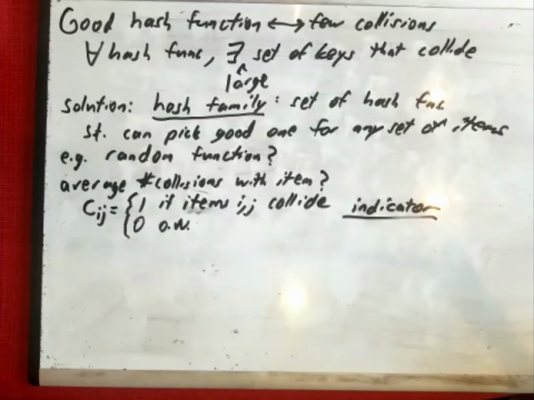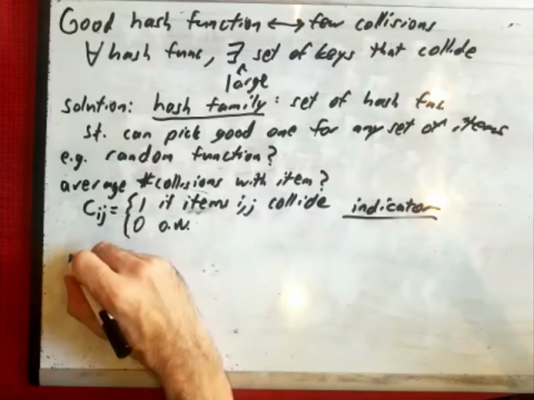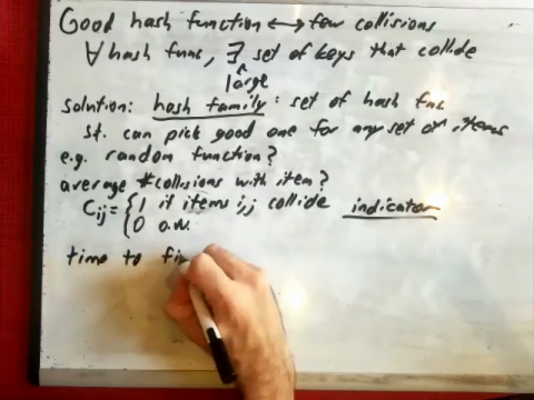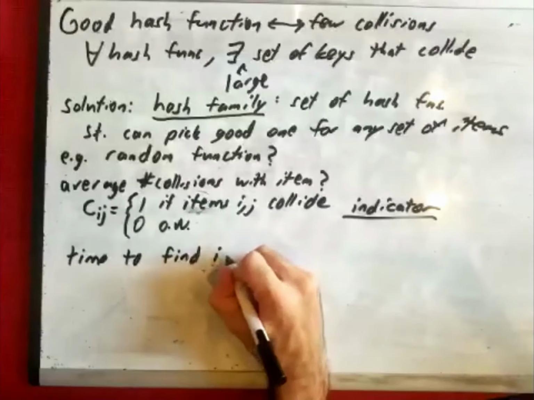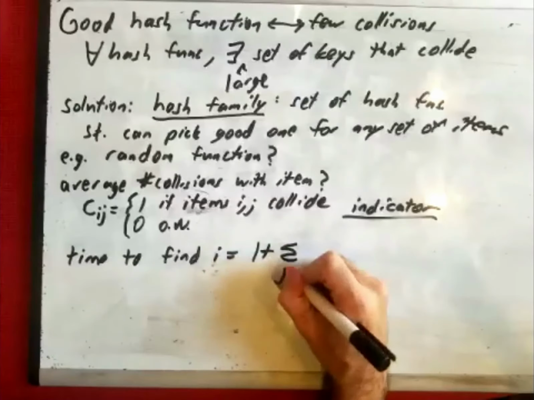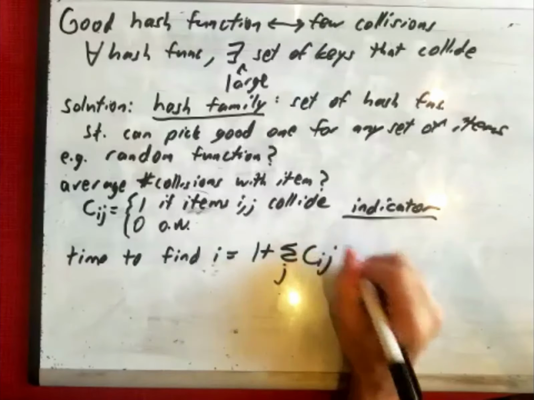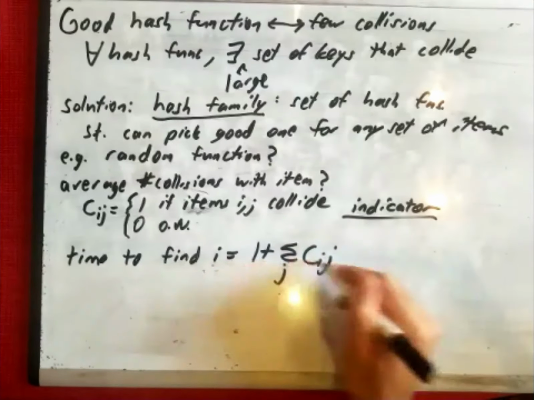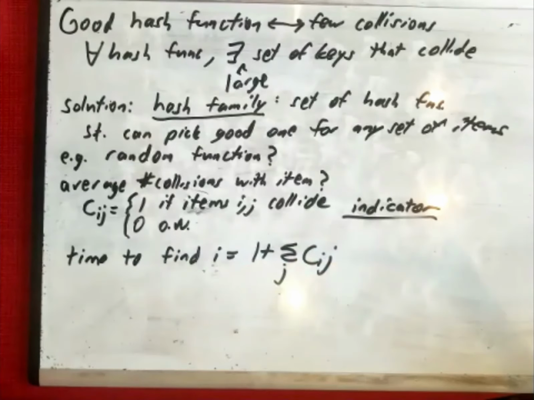Okay. And now I claim that the time to find i is just equal to 1 plus the sum over j of Cij. No probability in this line, right? Each Cij is 0 or 1.